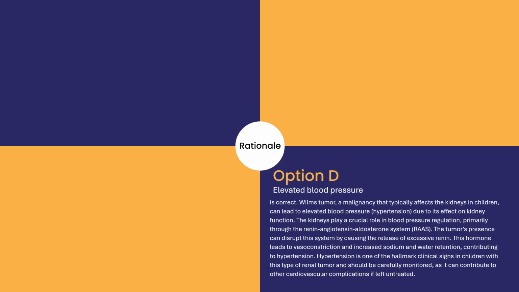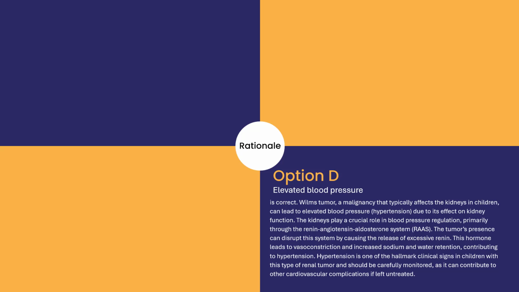Wilms tumor, a malignancy that typically affects the kidneys in children, can lead to elevated blood pressure, hypertension, due to its effect on kidney function. The kidneys play a crucial role in blood pressure regulation, primarily through the renin-angiotensin-aldosterone system. The tumor's presence can disrupt this system by causing the release of excessive renin.